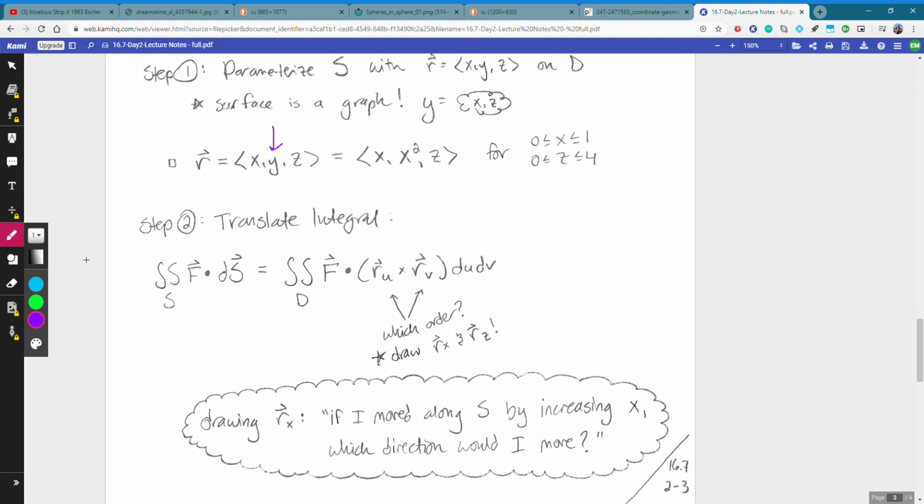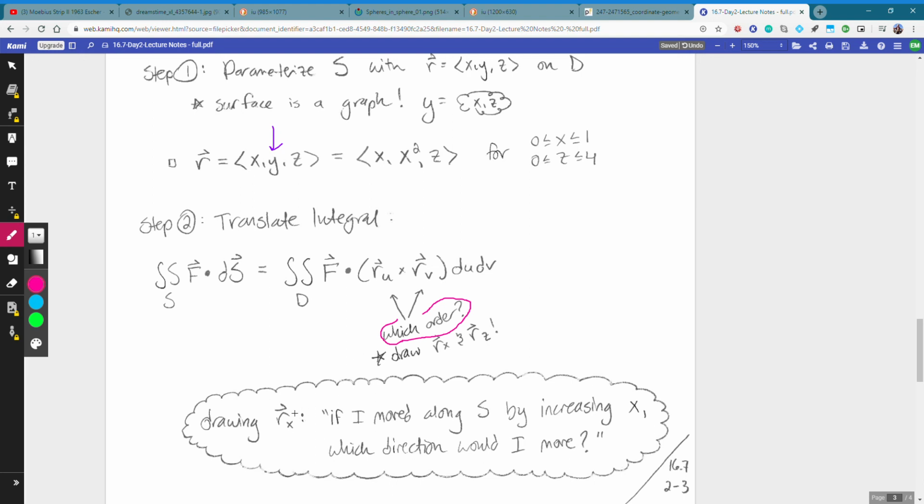And the question is, which order do we want? The way that we can find that out is geometrically, just by drawing Rx and Rz, those partial derivative vectors on our surface, and then using the right-hand rule to see which direction we're going to be pointing.